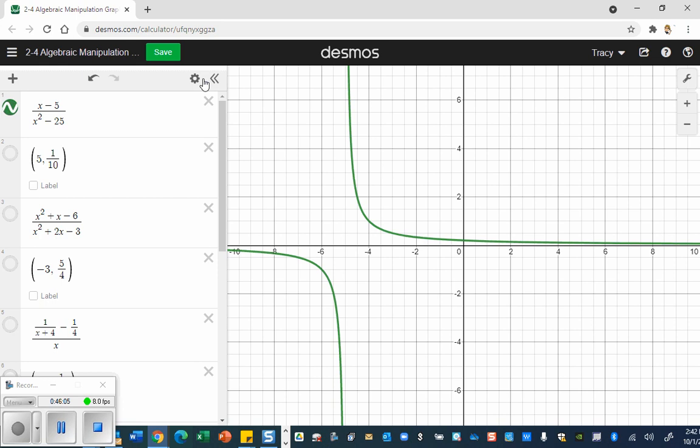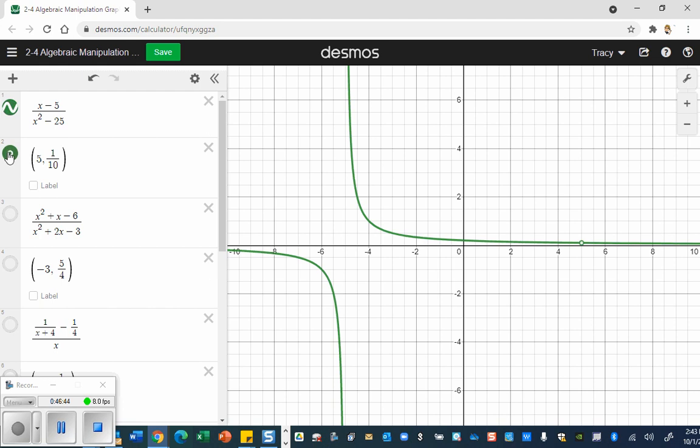So on Desmos, what we can do is take a look at that graph. Here's what's important for you to see. This is the graph of our rational function. I've got more x's in the denominator, which means I have a horizontal asymptote of y equals 0. I've got a vertical asymptote right at x equals -5. Think about our two factors, where one factor goes to 0.